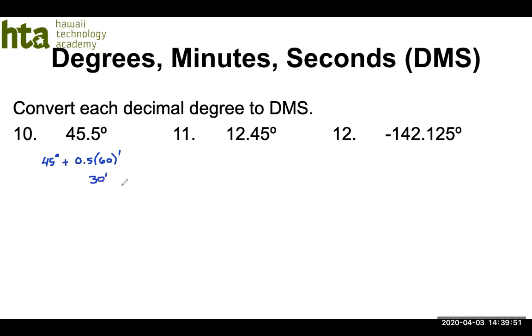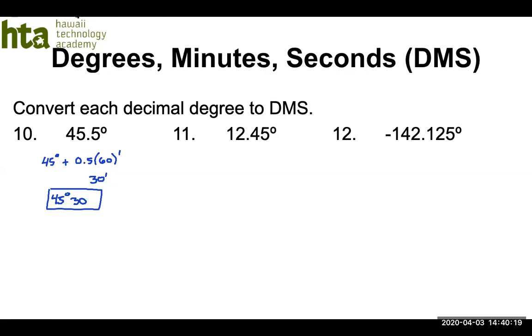That means we are not going to have any seconds in our DMS because the minutes came out to a nice clean whole number. If it was a decimal, I would keep going, and I'm going to show you that in number 11. But for now, all I have is 45 degrees and 30 minutes. So that is the DMS version of 45.5. So make sure you put that apostrophe where it belongs.